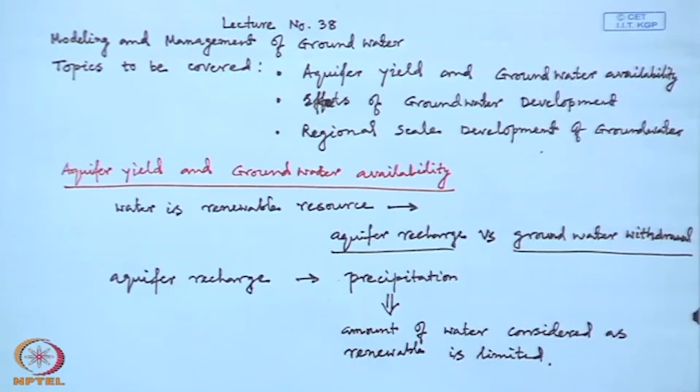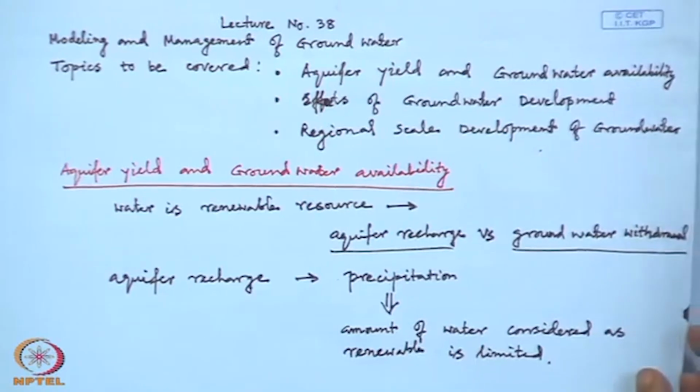This is an important point because precipitation is limited, so the amount of water considered as renewable is also limited in nature.